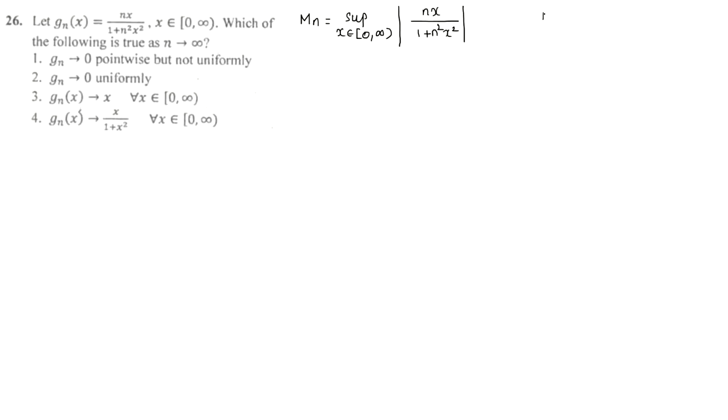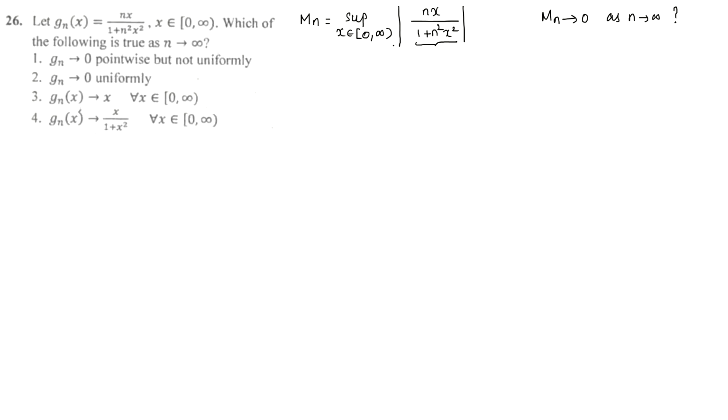We have to determine whether Mn tends to 0 as n tends to infinity or not. So for this, we have to evaluate first of all what is Mn. So now first of all we have to determine the supremum of this function on the closed interval 0 to open infinity.